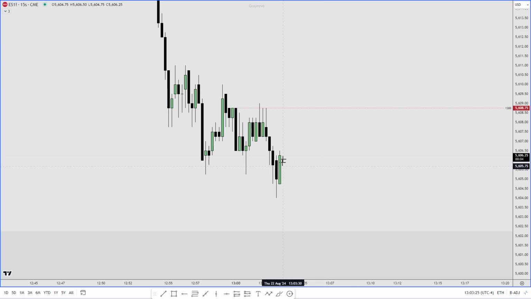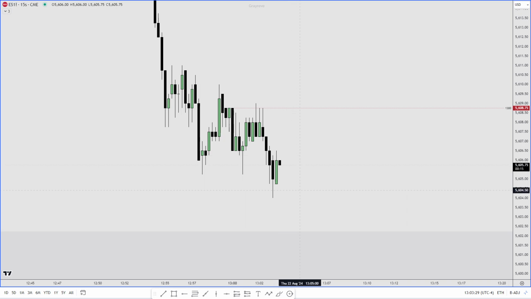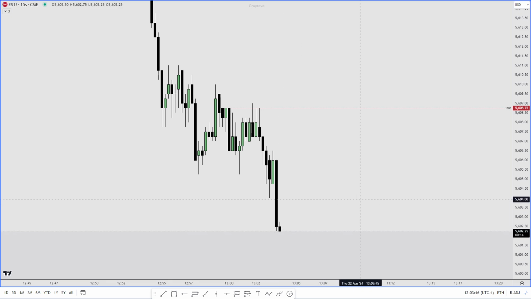You don't really want to see it stalling like this. This high here would be the next objective after taking out the lows here. What a wonderful tap.